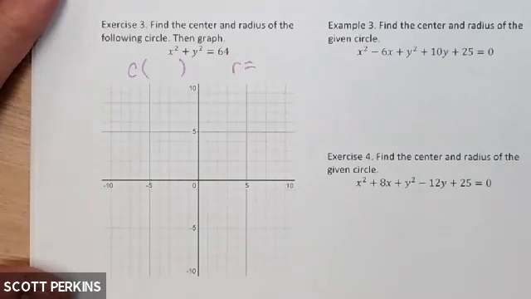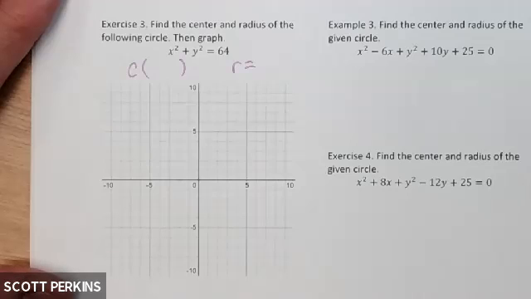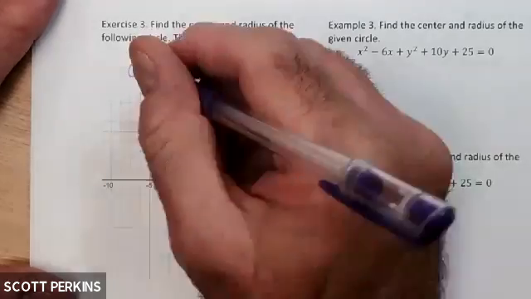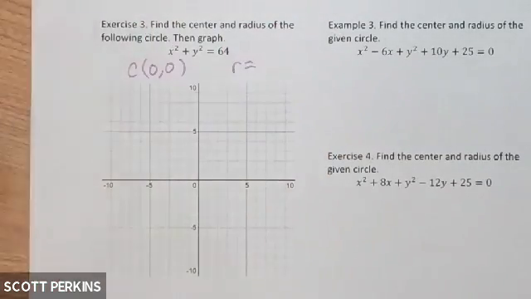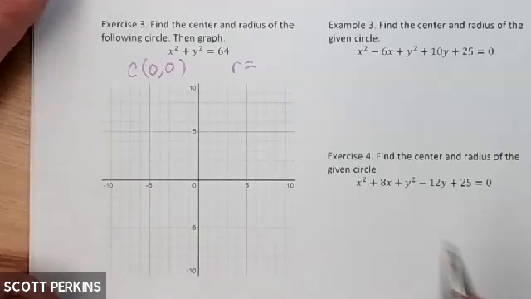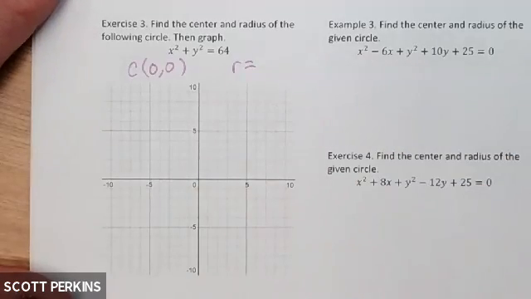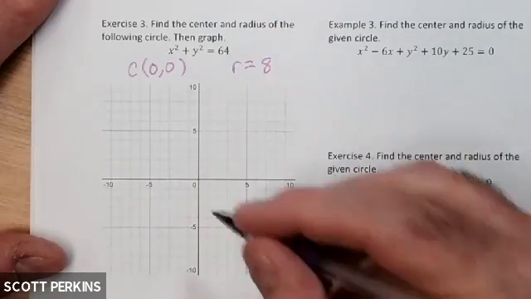What are the center coordinates of this circle right here? Yeah, there's no pluses or minuses here. So yeah, you're exactly right. It would be 0, 0. Perfection. That's why we're doing this example. I didn't really feel like we needed another one, but I just wanted to make sure we're clear on that. And then the radius of this one is equal to 8. So I'm just going to go 8 in each direction.